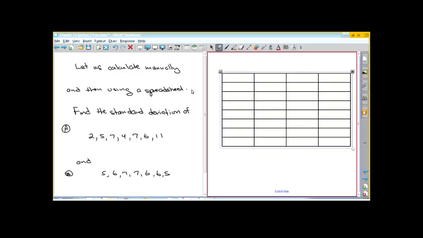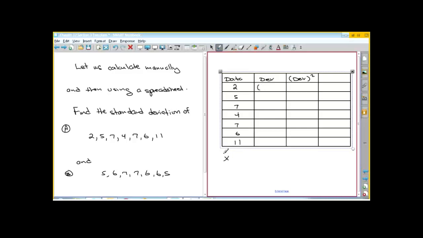Okay, so here's my table. So this is my data. This is my deviation. This is my deviation squared. And I don't think I need this, so we'll leave that blank. So my data is going to be 2, 5, 7, 4, 7, 6, 11.